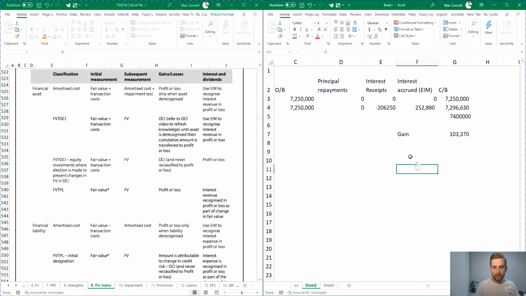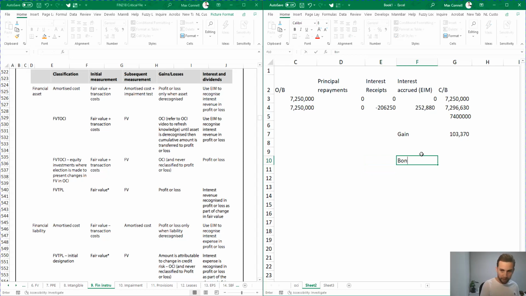Okay, but we need to stay on track, and we need to get to what the general ledger is going to look like. So the general ledger is a closing balance. They haven't asked us for the journals. They've asked us for the closing balance. So what do we know about each of the different accounts? Well, first of all, let's start off with the bond itself.